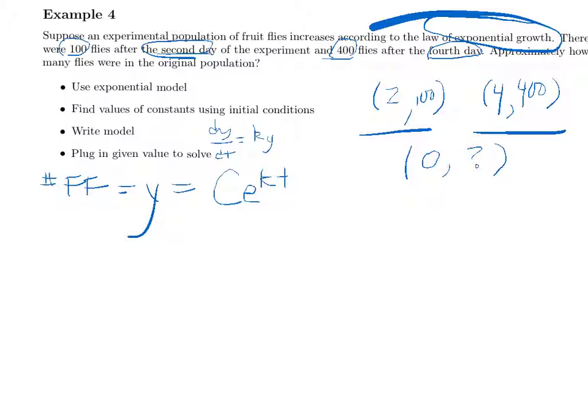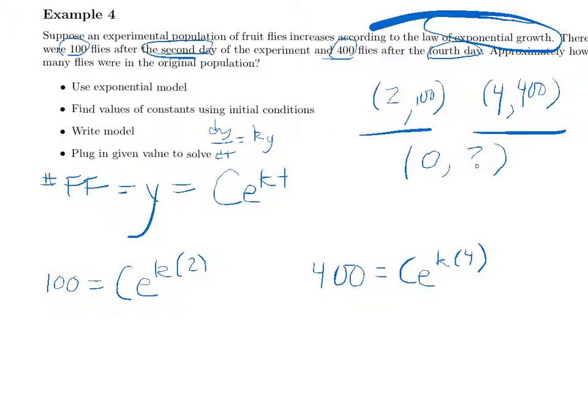All right, so let's plug these in. We know that when time is 2, y is 100, and when time is 4, y is 400. All right, I have 2 equations and 2 unknowns.